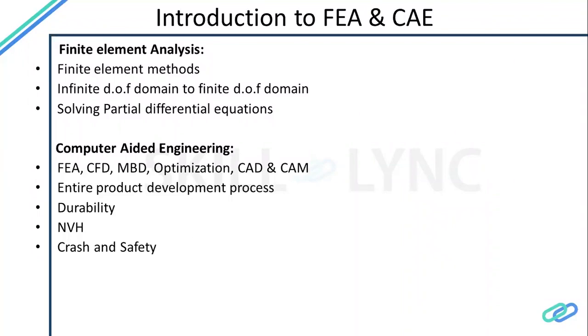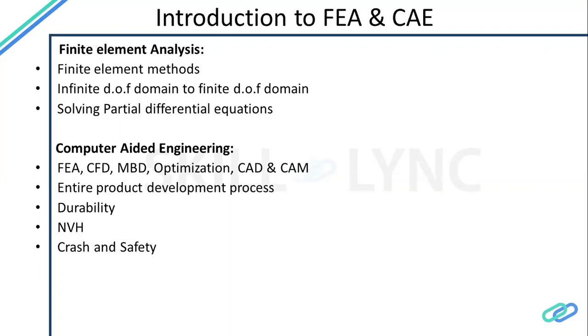For crash and safety, we have other tools which are very sophisticated in solving those problems. By using Nastran, we can solve durability analysis like fatigue life cycle analysis, and structural analysis, linear and non-linear, etc.